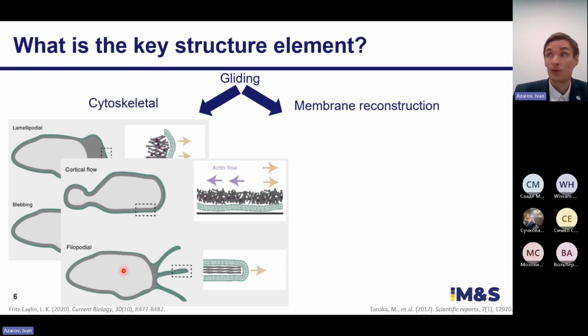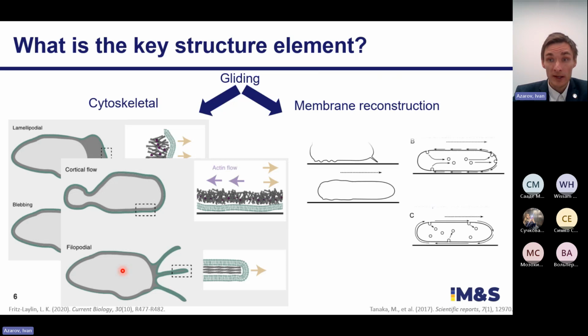It's finger-type structures, filopodia, and it's cytoskeletal elements. And some researchers also reported another element which also contributes to the gliding of cells. It's membrane reconstruction. It can be a membrane unfolding model.